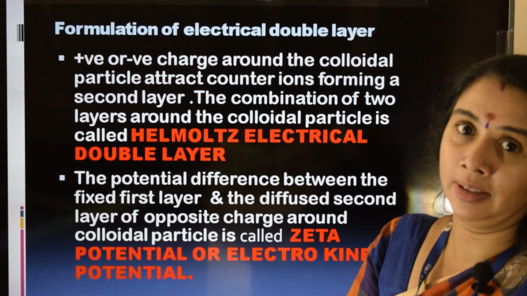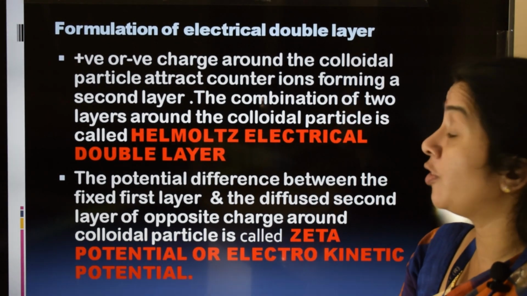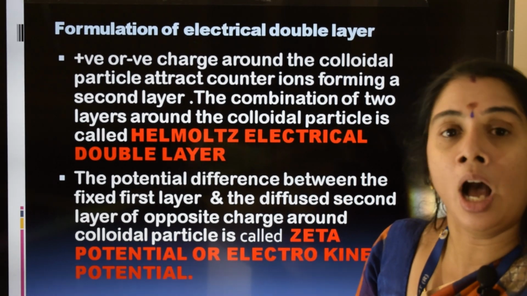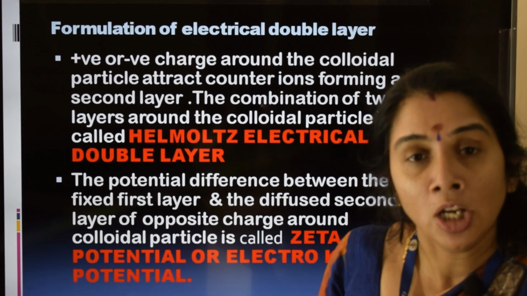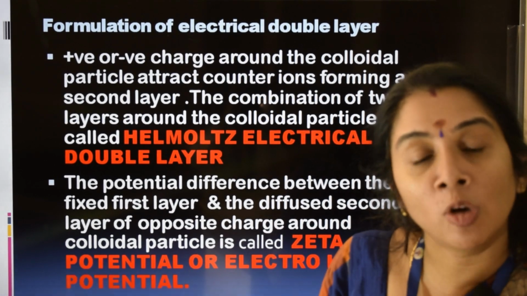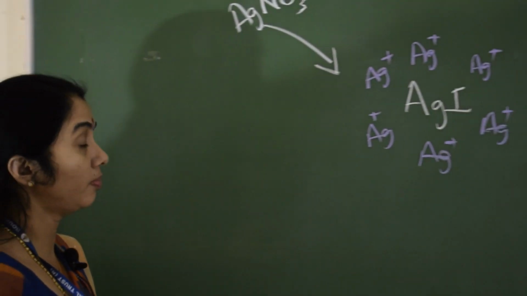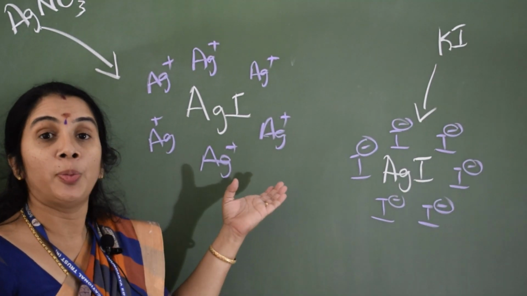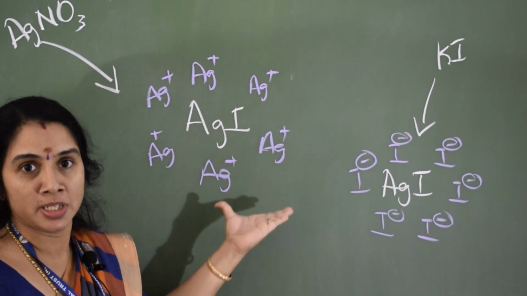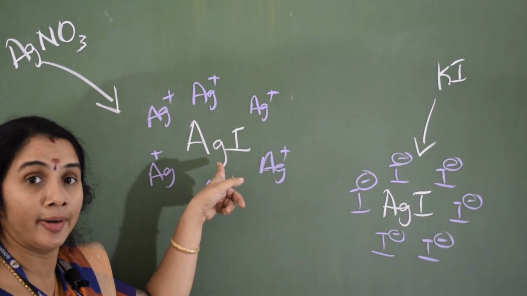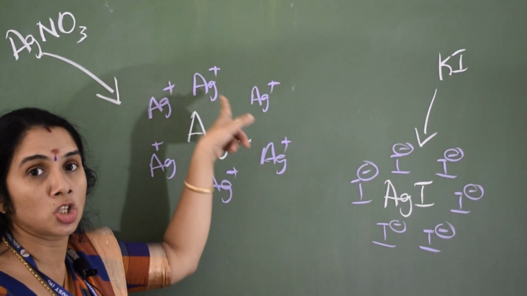Now the third method, formation of electrical double layer. How is this double layer formed? To explain this, let us go back to our previous example, preferential adsorption. Here for silver iodide, silver ions are getting adsorbed.